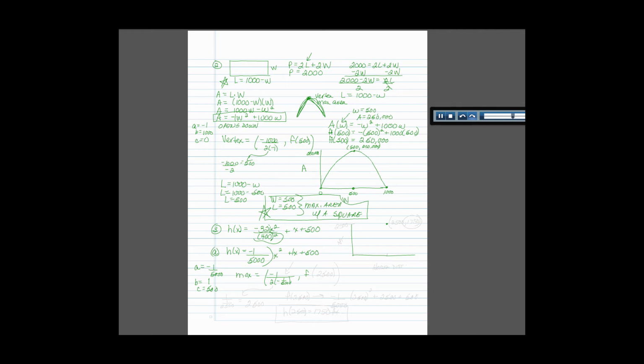So let's go ahead and figure out what this is first, so we know what f we're finding. So it's negative 1 over 2,500. And when you put that into a calculator, what that gives you is 2,500 feet.